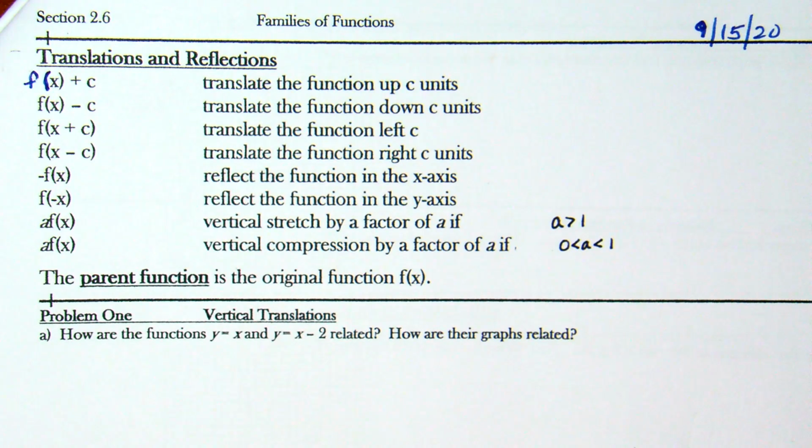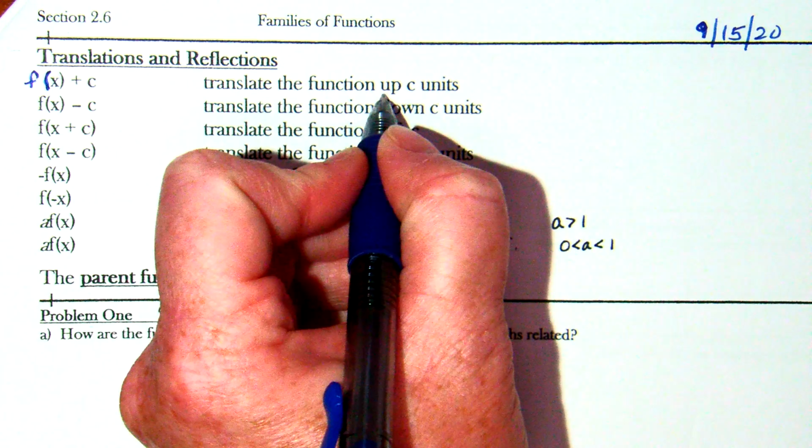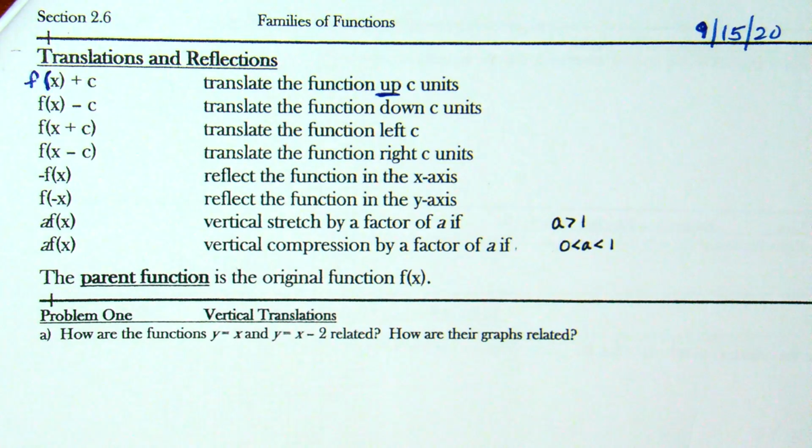And the idea is, if you add a number, a constant, to a function, that is going to take the function and move it up. If you add c, you move the function up c units. If we add 5, we move the function up 5 units. If you subtract a number from a function, you go down so many units.